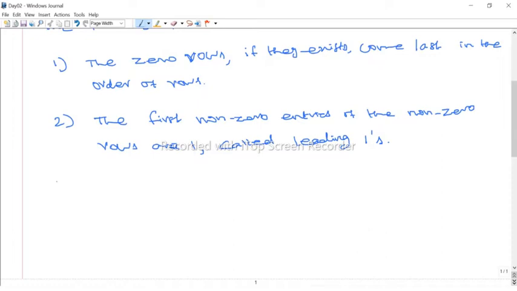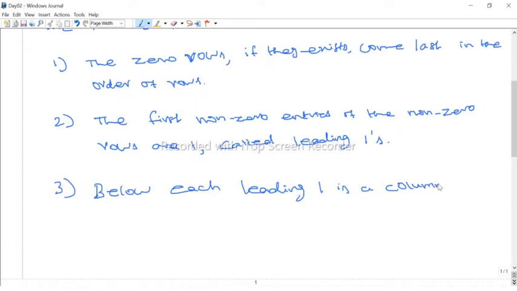Next, the third thing, what is the condition for this one? Once you find the leading entry, the entries below it should be 0. So below each leading one is a column of zeros.